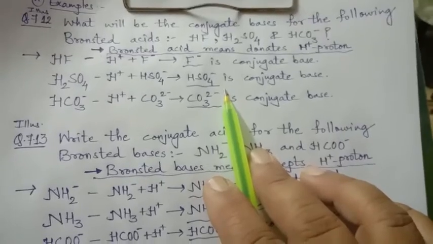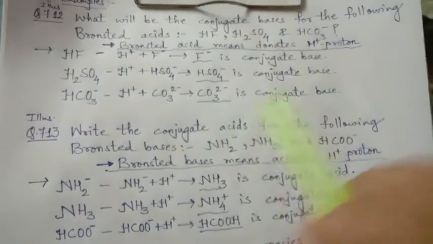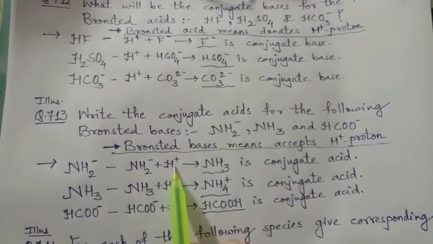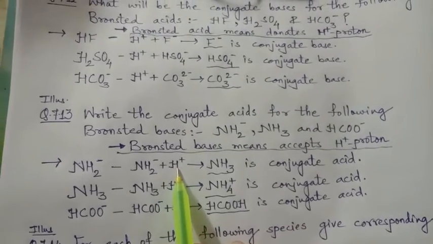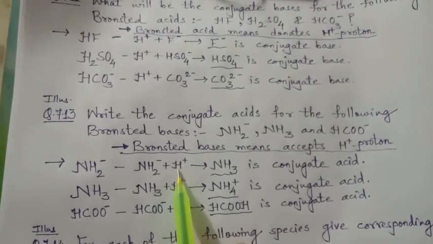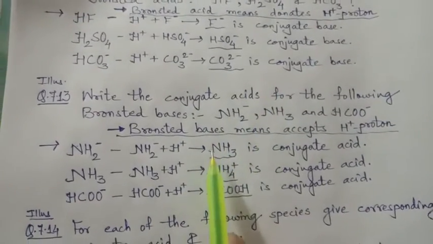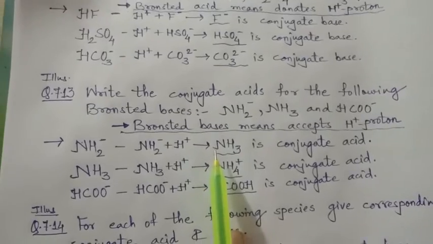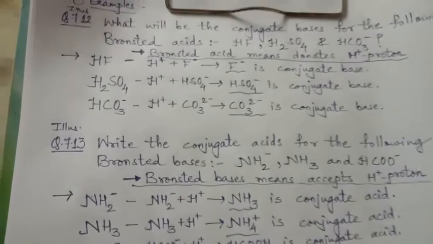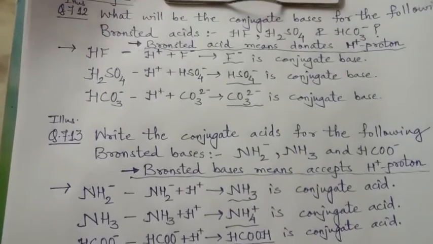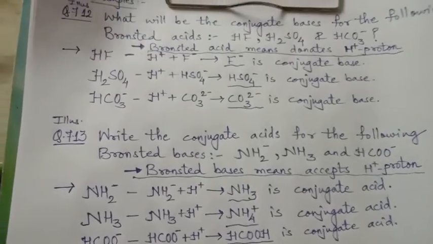In the same way, when the H plus proton is accepted by the Lowry-Bronsted base, the resulting species after accepting the H plus proton will be the conjugate acid. So keep in mind that base will give conjugate acid and acid will give conjugate base.